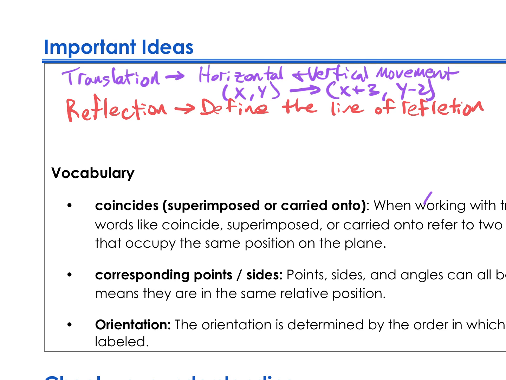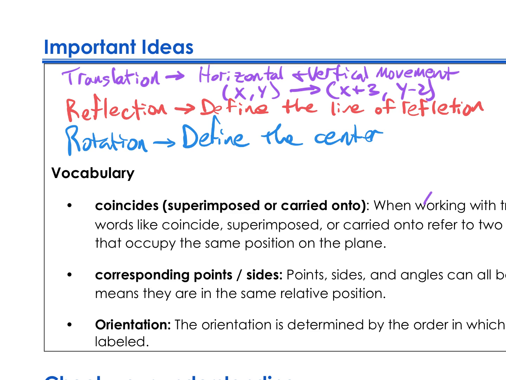And then last but not least, if we have a rotation, we need to define the center of rotation. So what are the coordinates of that center of rotation?